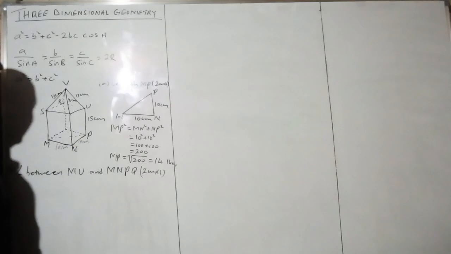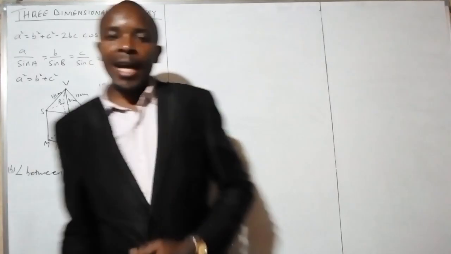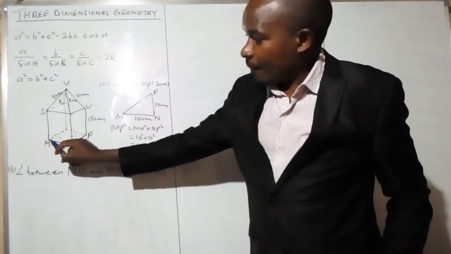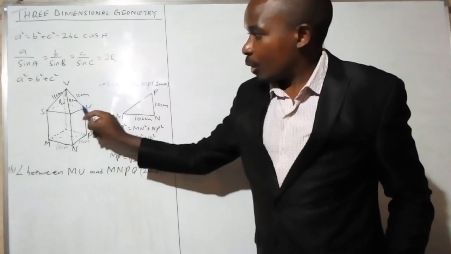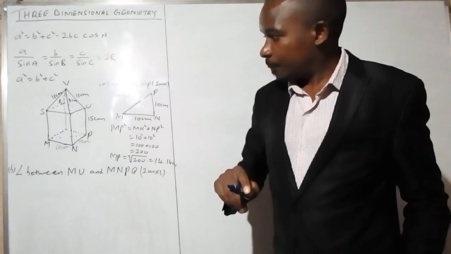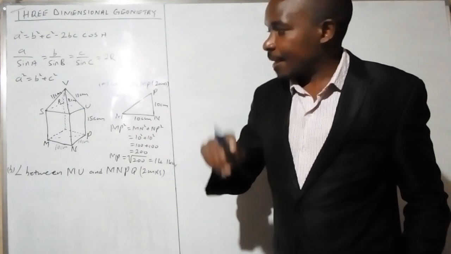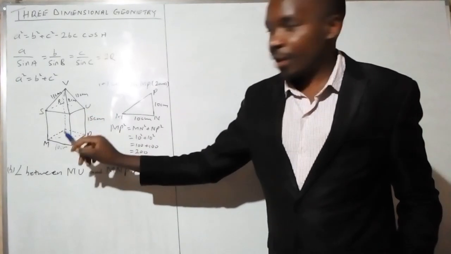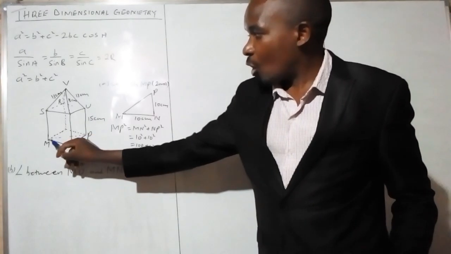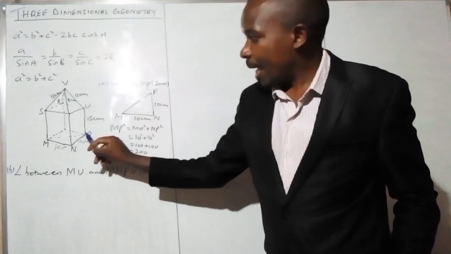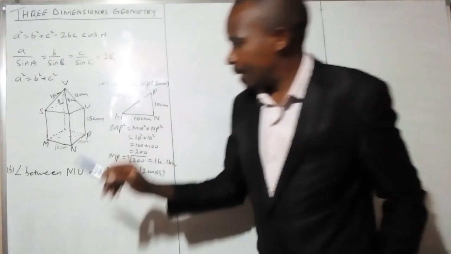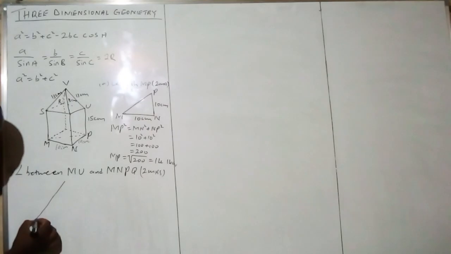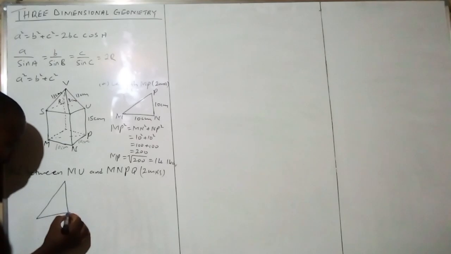Assume we have a sun ray vertically above line MU. Where will the image fall? The sun is vertically above MU, the shadow of that MU will fall on MP and PU. Let me extrapolate. In this 3-dimensional geometry, you have to extrapolate so that you can see it clearly.